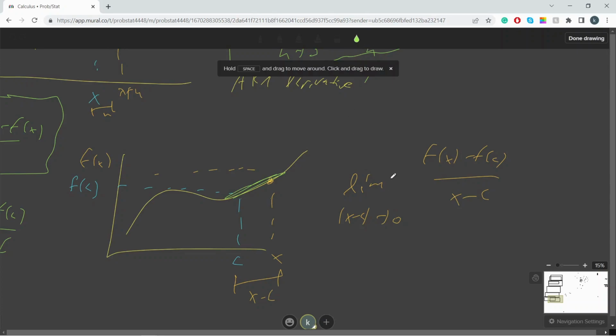So that's why this limit right here can be formulated as the limit as x approaches c of f of x minus f of c over x minus c. Because of this formulation and equivalence in the limits, you will see that another way of expressing the derivative is through this limit definition.